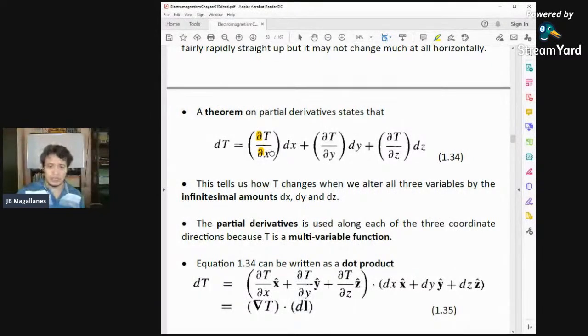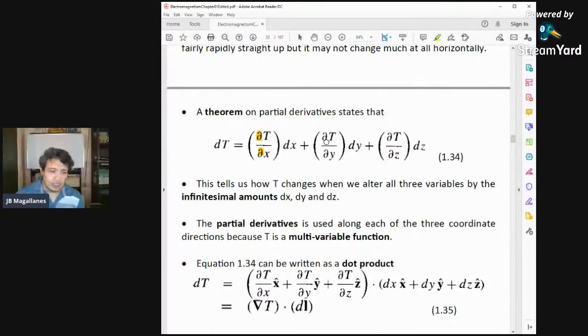So in this case, you only get the derivative with respect to x, treating y and z to be constant. Here you're getting the derivative with respect to y, treating x and z to be constant. And by the same argument here, you're just differentiating t with respect to z.